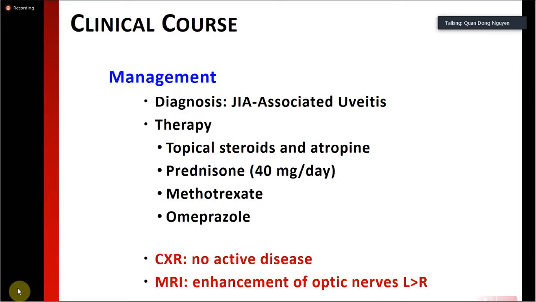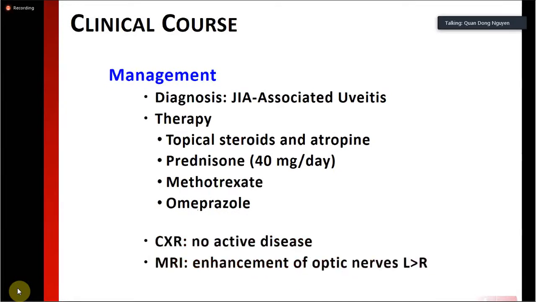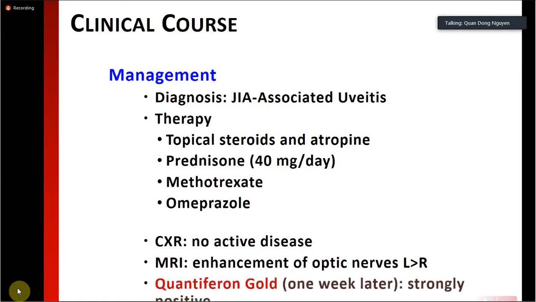So in this particular case, here comes the trick. So far, everything seems to be consistent. Now, about a week later, after treatment, this is what came back. This is a test for her. Even though her mantoux testing was negative, her QuantiFERON Gold was quite strongly positive. And that's something that we know takes some time to come back, after we start treating.